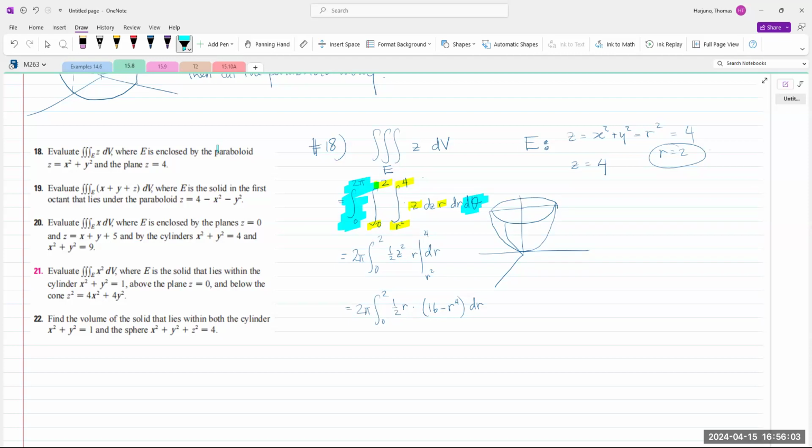Of course, feel free to do it inside out as usual, but you will see the same phenomenon. So this will be pi, the 2 and 1/2 cancel, right? Integral from 0 to 2 of 16r minus r to the 5th dr. And when I integrate further, that will give me 8r squared minus r to the 6th over 6, from 0 to 2.